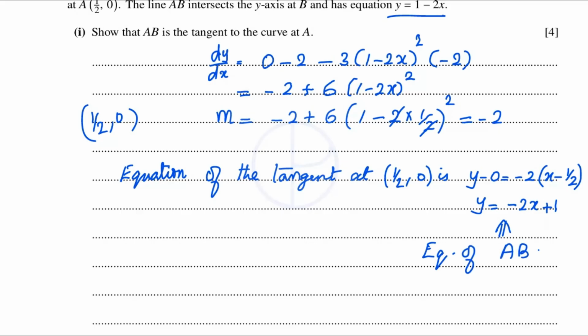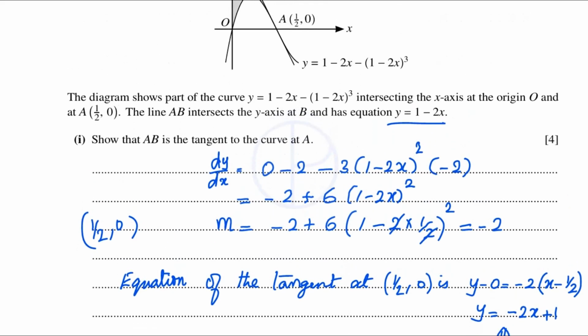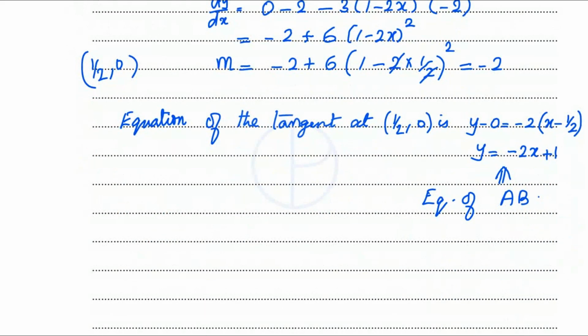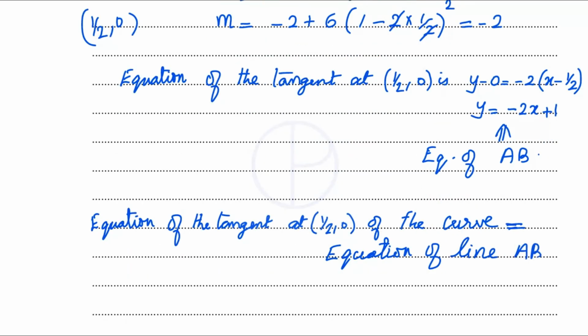So the equation of the tangent at (1/2, 0) is nothing but the equation of the line AB. So the line AB is the tangent.